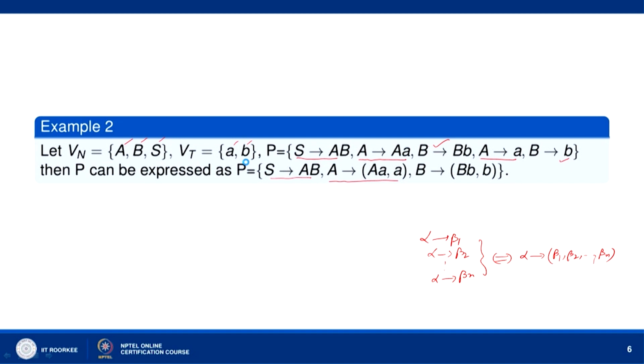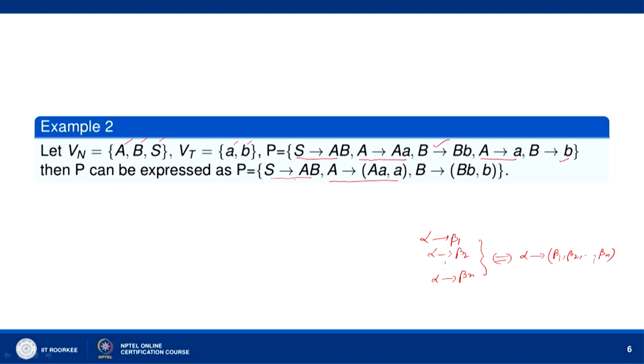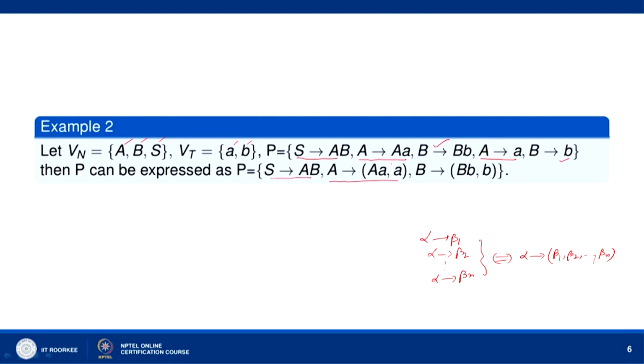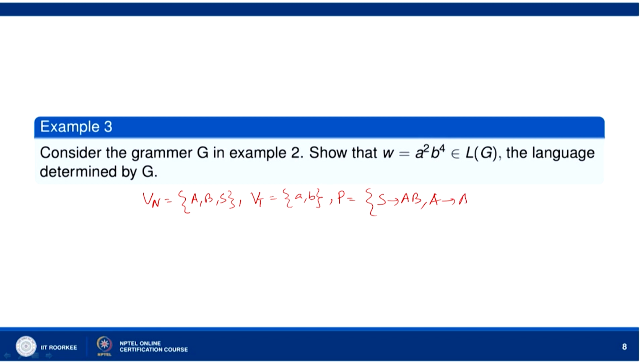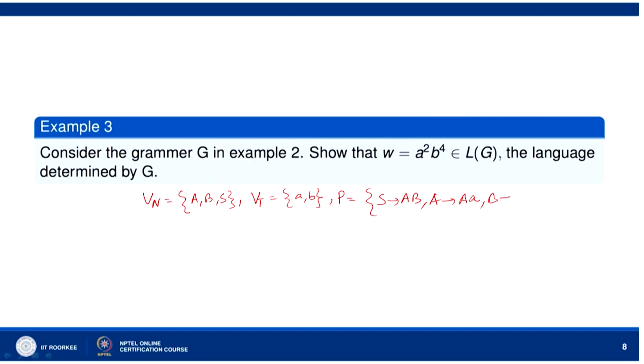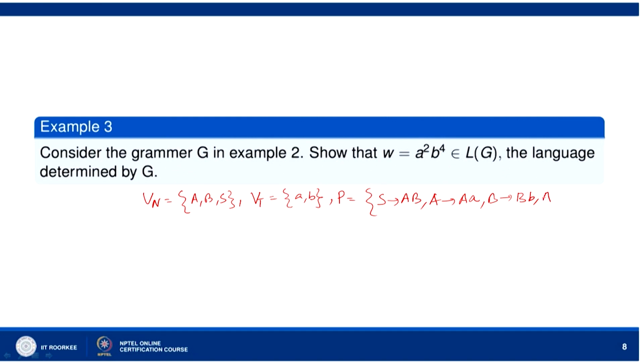So, Bn is A, B, S, Bt is equal to a comma b, and the production rules are P equal to S goes to AB, A goes to aA, B goes to bB, A goes to a, B goes to b.